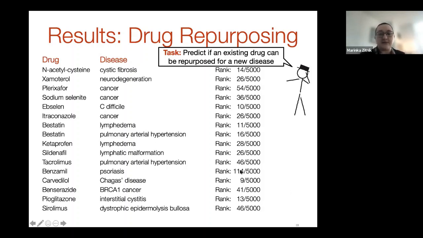And so the same interpretation applies to other drug disease pairs that I'm showing here.